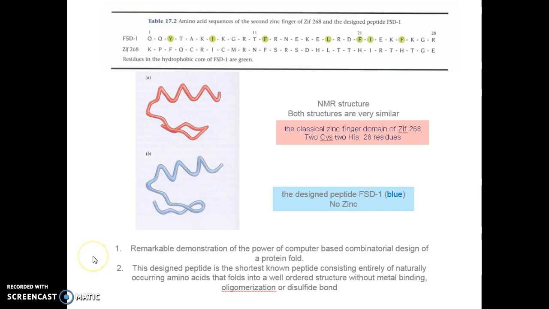This result shows a remarkable demonstration of the power of computer-based combinatorial design of a protein fold. In addition, this designed peptide is the shortest known peptide consisting entirely of naturally occurring amino acids that folds into a well-ordered structure without metal binding, oligomerization, or disulfide bond.